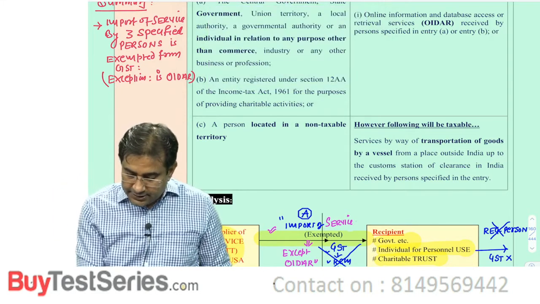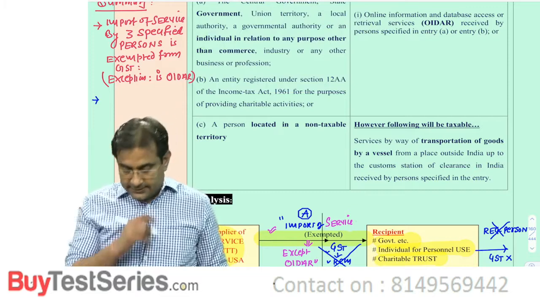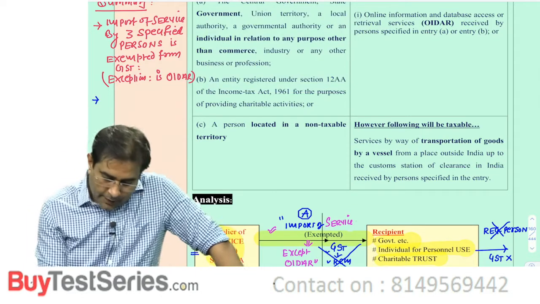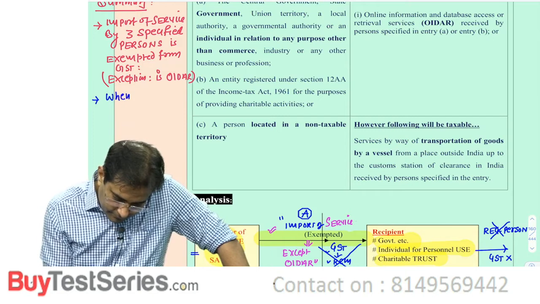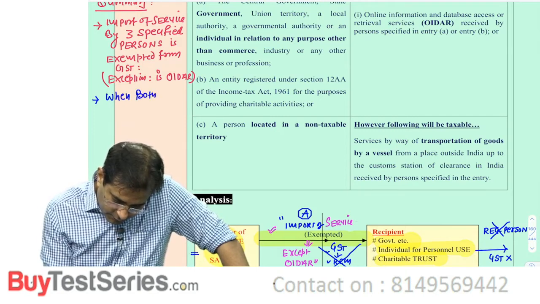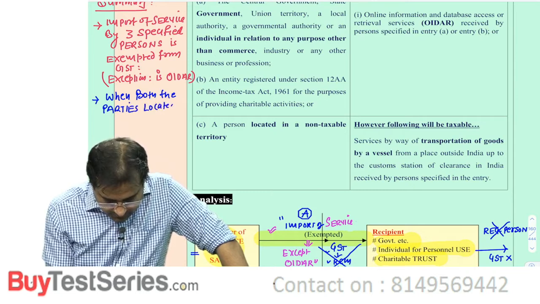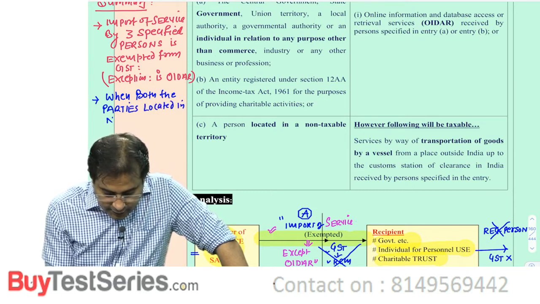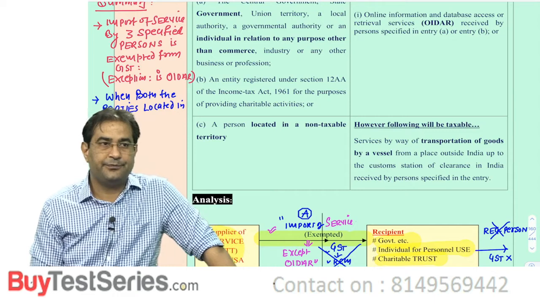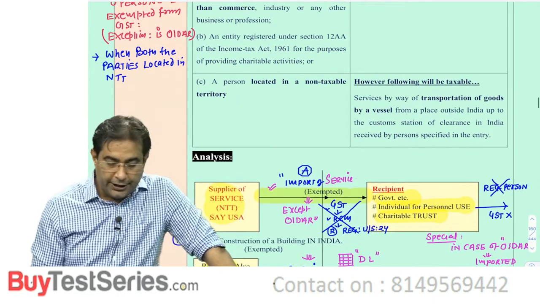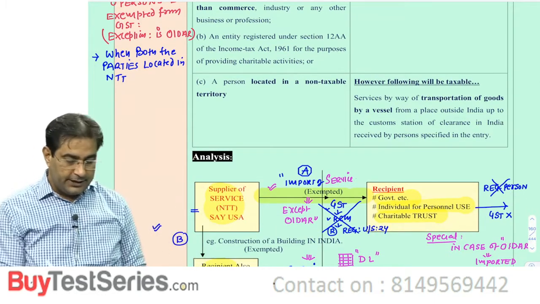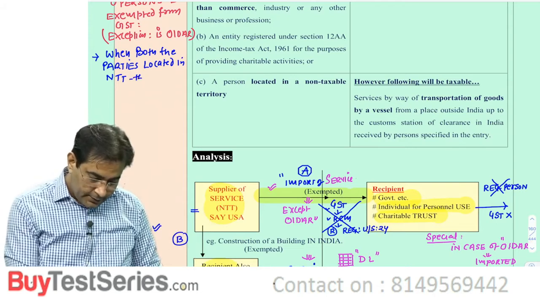And the second point. The summary of the second point is this: when both the parties are located in non-taxable territory, then it will be exempted.